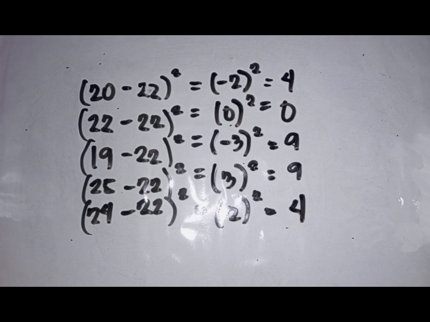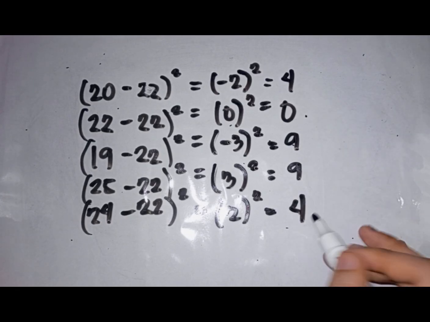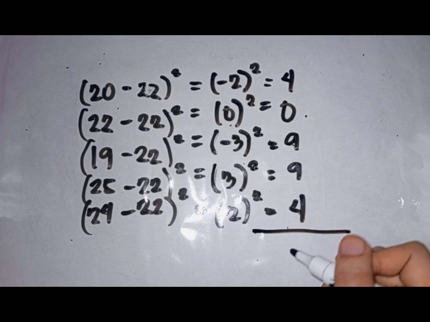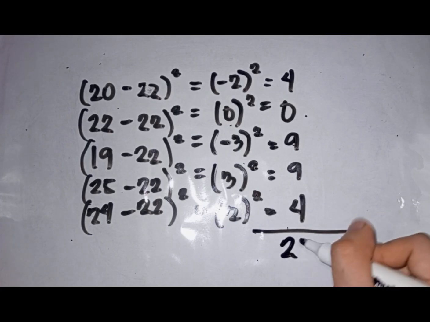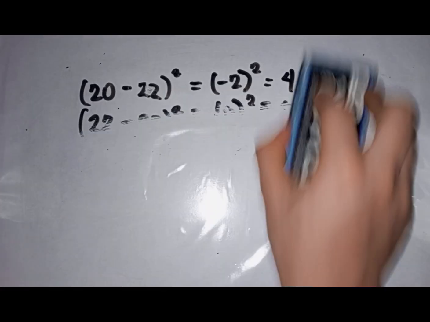Now we will sum the squared differences. So 4 plus 0 plus 9 plus 9 plus 4 is equal to 26. Okay, very good. This is the sum of squares. So now we will divide by n minus 1.